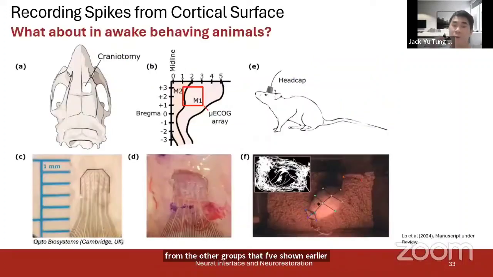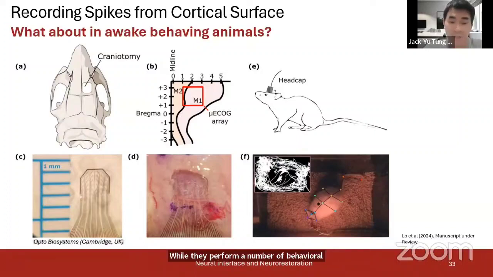And moving on to some of our own work, the previous experiments were all done in anesthetized animals. So we wondered whether it's possible to also perform such recordings in awake behaving animals in a chronic setting. To this end, we chronically implanted micro-ECOG arrays in the primary motor cortex of rats while they performed a number of behavioral tasks.